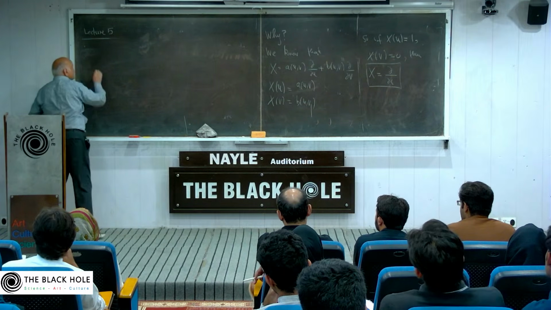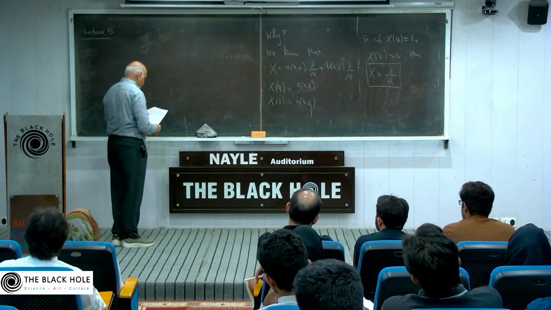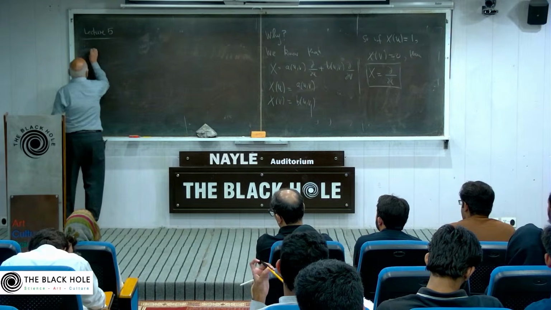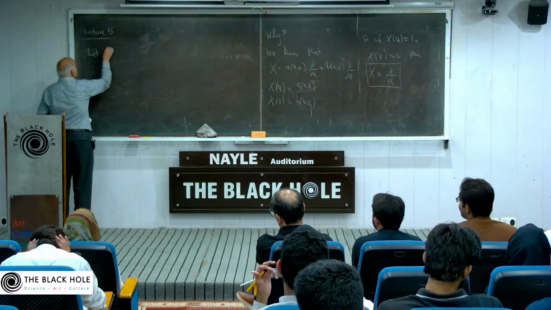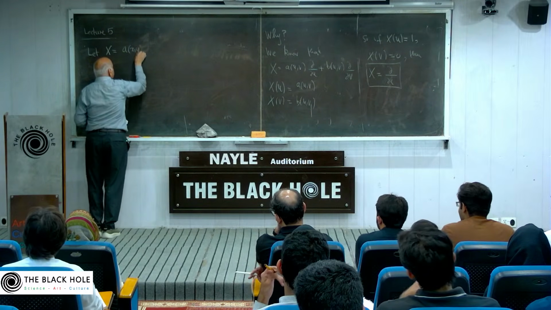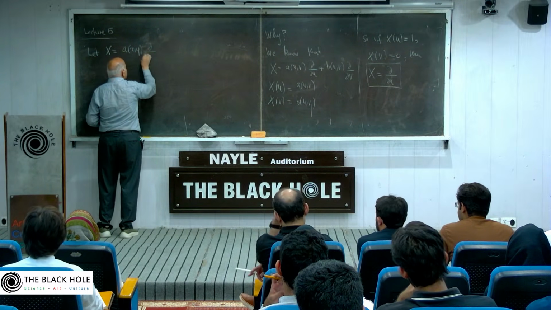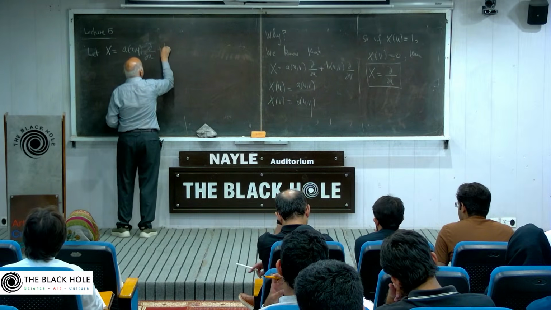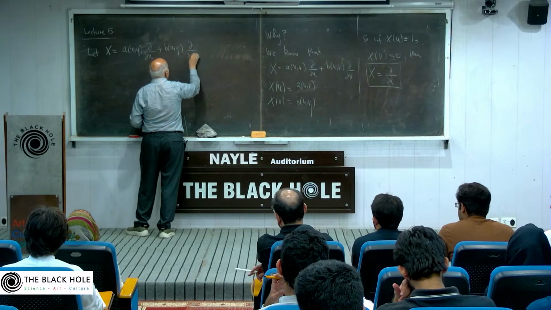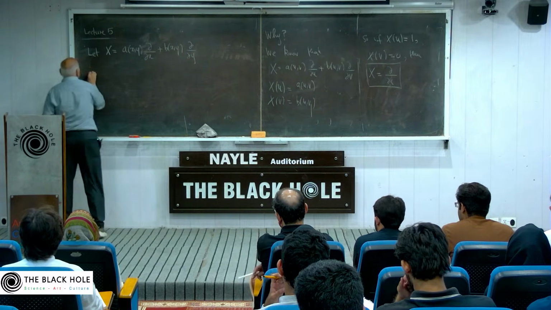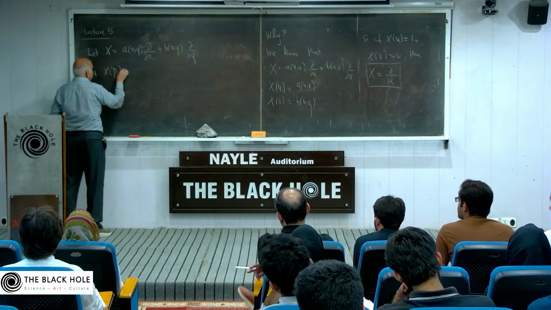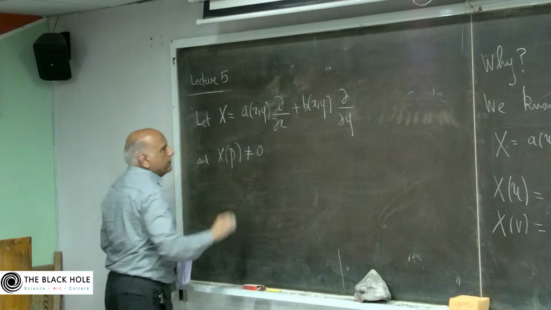So step 1. Let x be equal to a(x,y) partial by partial x in the given coordinates x, y, plus b(x,y) partial by partial y, and x at a point p is not 0.